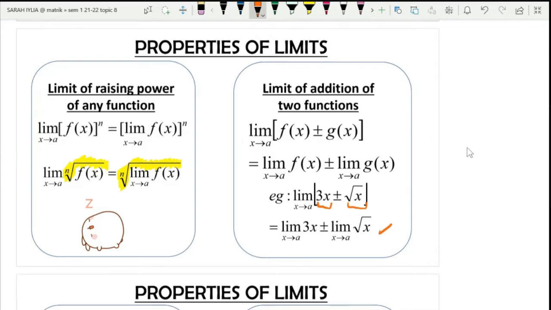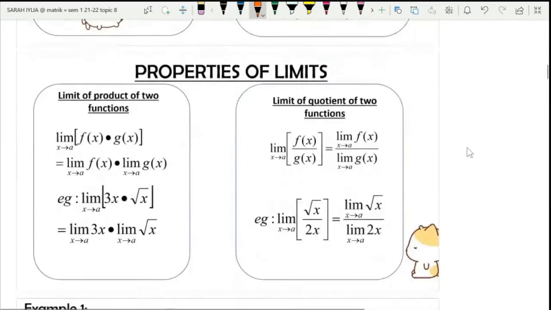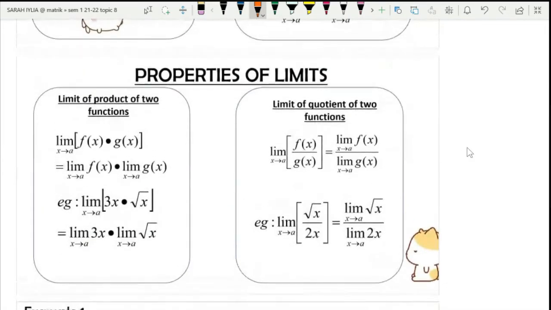Okay. Itu dah properties number 5. Moving on. Oh, kita ada last tu. So limit of product of two function, lebih kurang macam tadi lah. Kalau tambah tolak boleh pecah, darab pun kita boleh pecahkan dia. So let's say limit of 3x times x boleh jadi limit 3x times limit x. Pecah kepada 2. Okay, and then last one, quotient or division of two different functions.